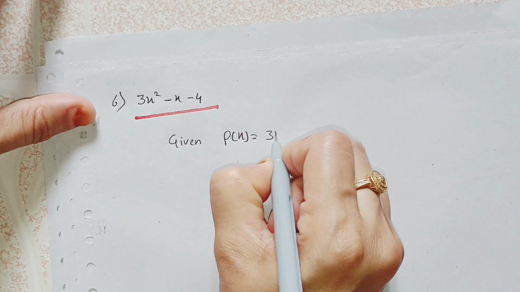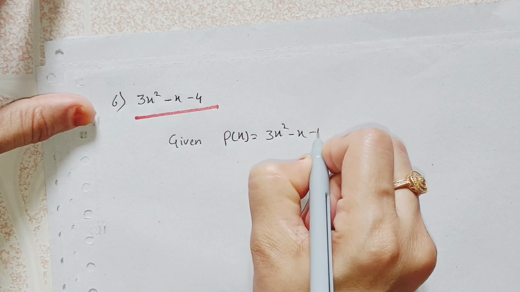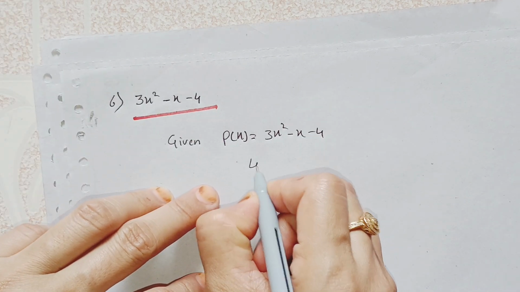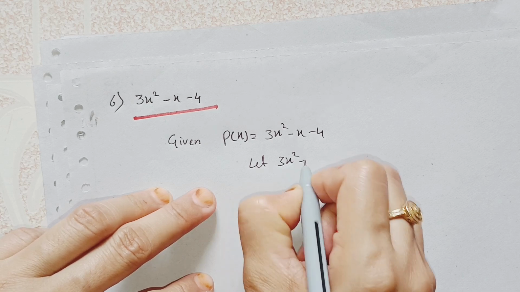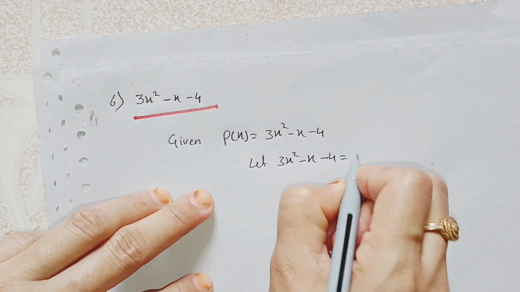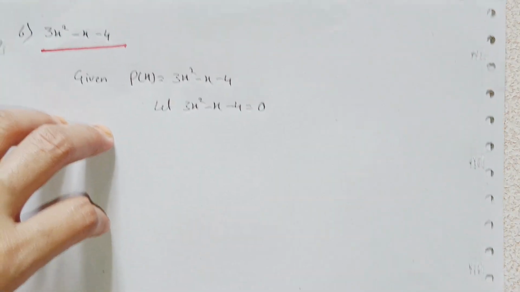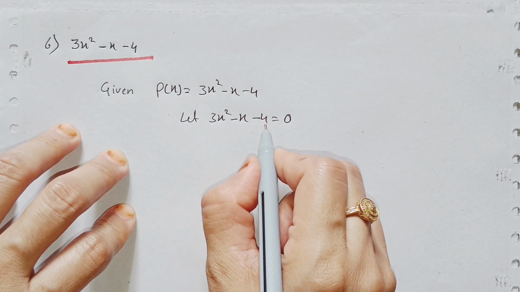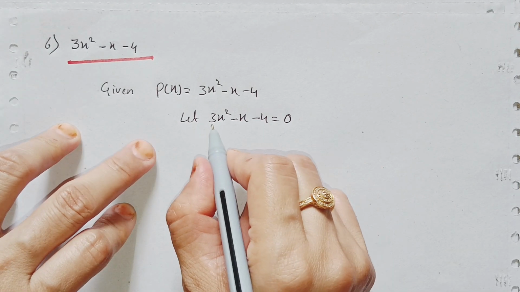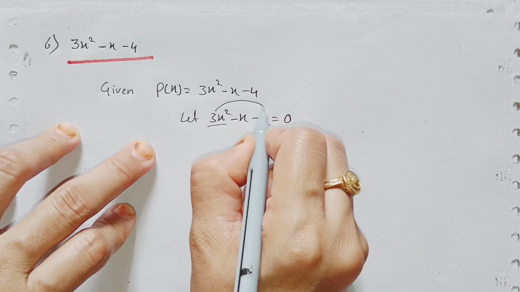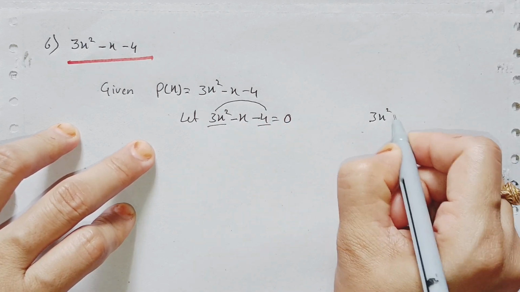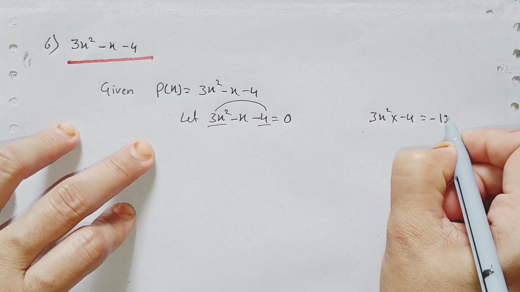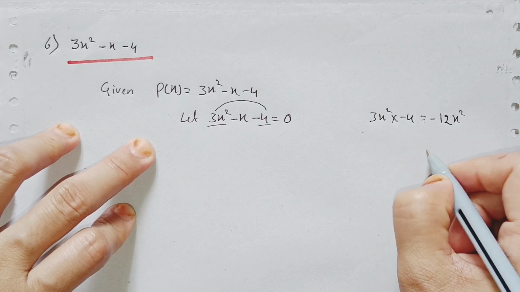3x square minus x minus 4. We are treating it as 0. Let 3x square minus x minus 4 equal to 0. So here I have to find the factors for 12. 3x square multiplied by minus 4, 3 fours 12, minus 12 x square.